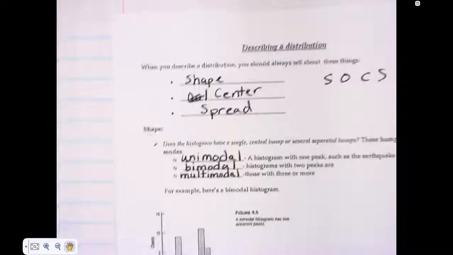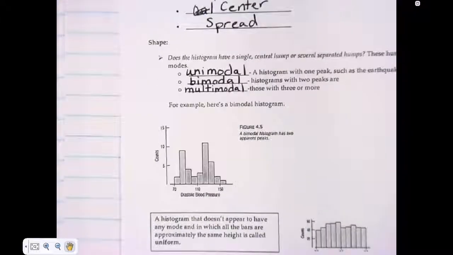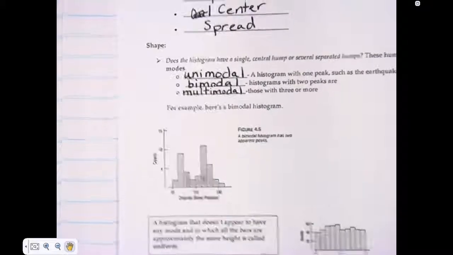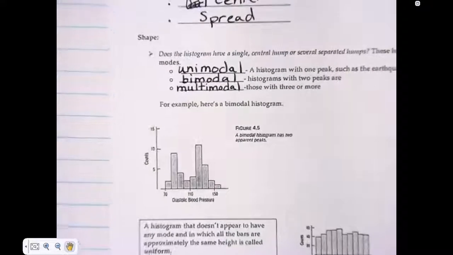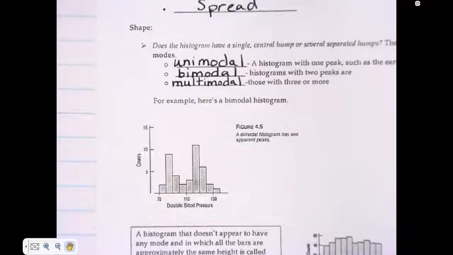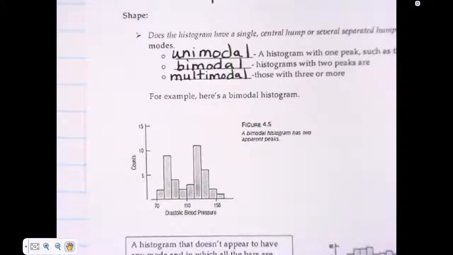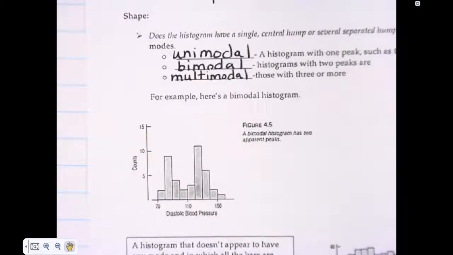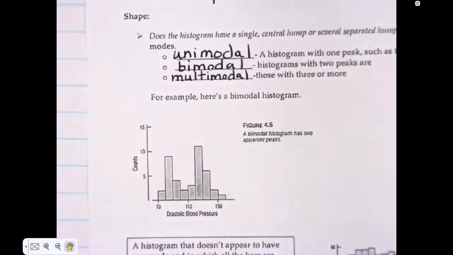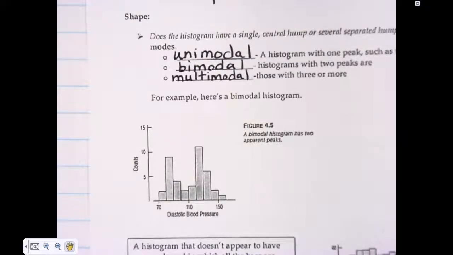For example here, this is an example of a bimodal histogram. You can see that they're not exactly perfectly even, but you have two peaks that stand out. That's what makes that bimodal. So that's one way you can talk about the shape of a distribution.